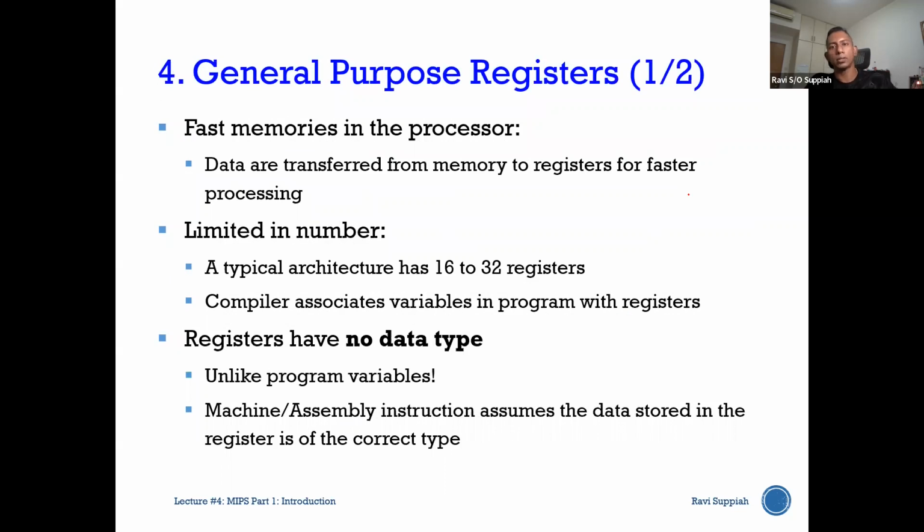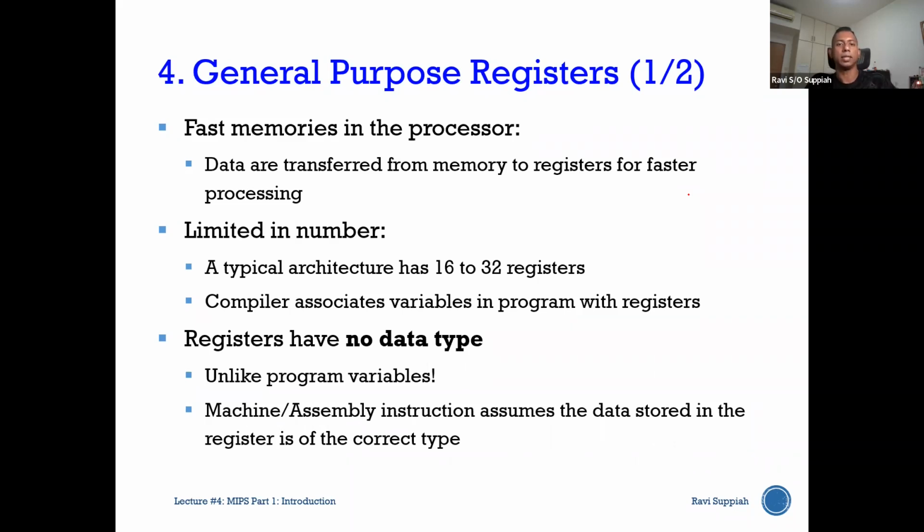Now let's look a bit more at the registers. Like I said, you can think of registers as a very small amount of storage space to hold some information for you while you are trying to execute the instructions.